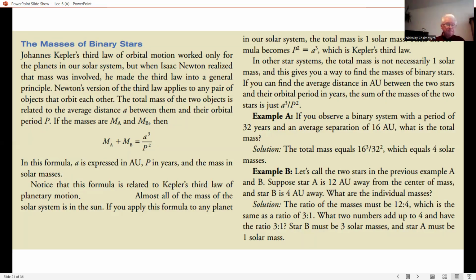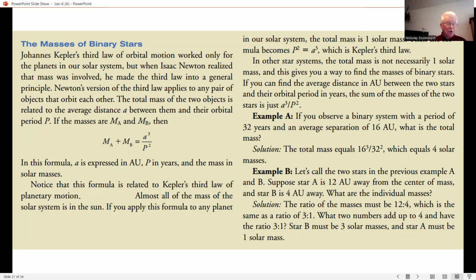For example, if two stars whirl rapidly around each other in small orbits, then their gravity must be very strong to prevent their flying apart. Such stars would have to be very massive.